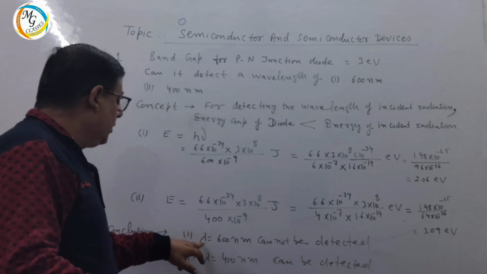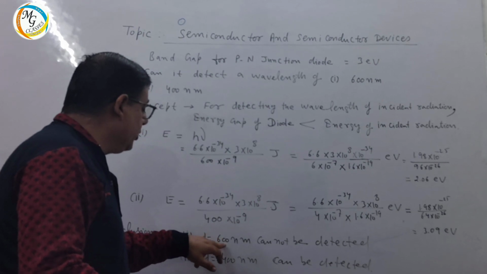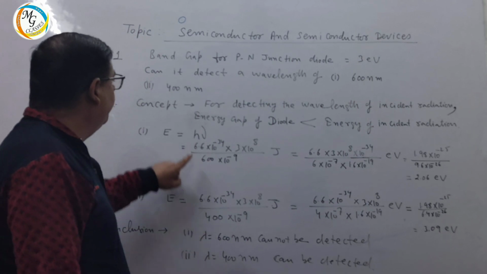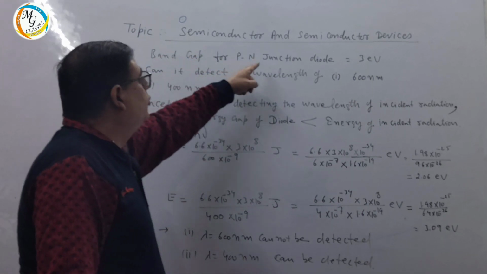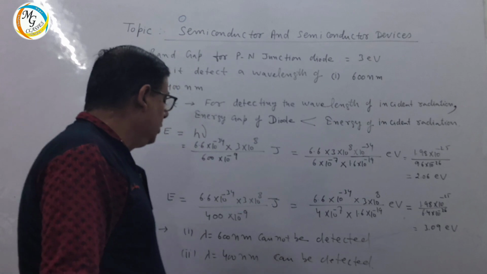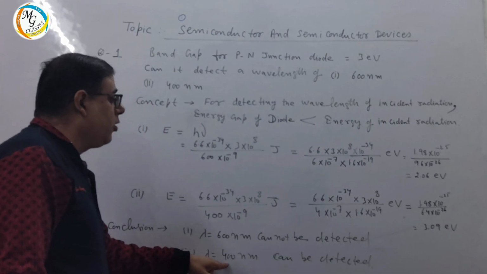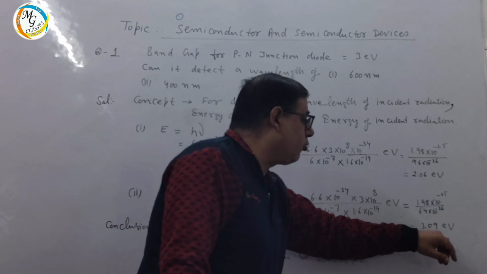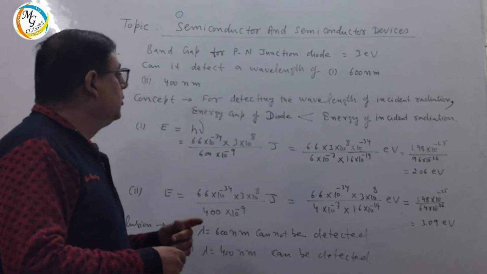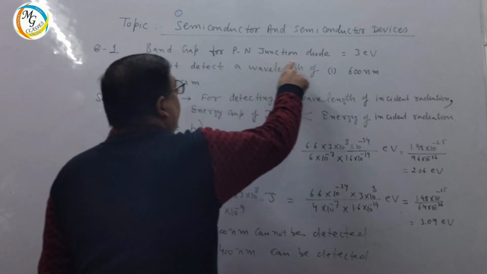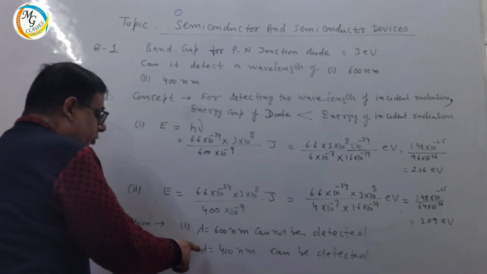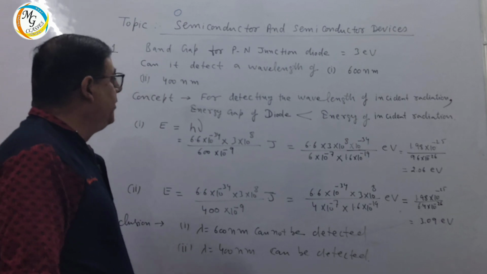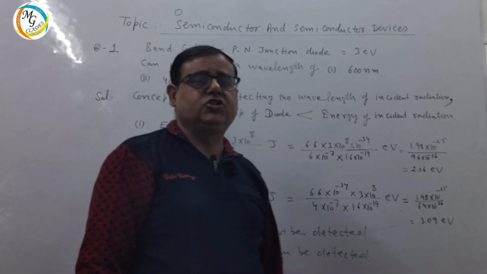That is why the lambda equal to 600 nanometer radiation cannot be detected with the help of the diode whose energy gap is 3 electron volt. And for the wavelength 400 nanometer, the energy is coming 3.09 electron volt, which is above the energy gap value. So we can see that lambda equal to 400 nanometer can be easily detected with the help of this p-n junction diode.